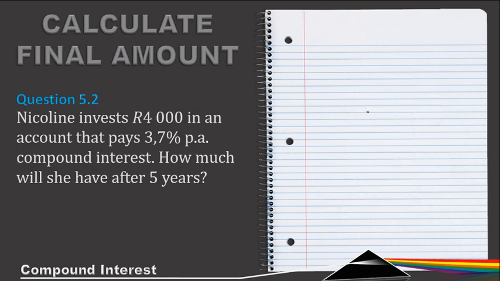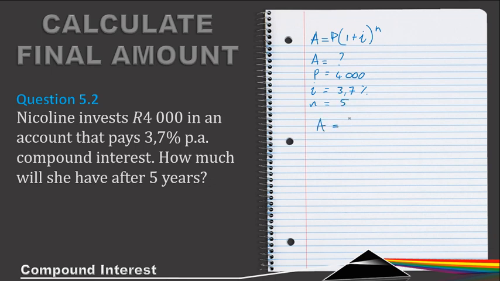Question 5.2, Nicolene invests 4,000 in an account that pays 3.7% per annum compound interest. How much will she have after 5 years? Okay, so we have compound interest, A equals P (1 plus i) to the power of n. And it seems redundant to keep on writing the formula down, but it just helps you to memorize it and remember it. So A is what we want to find, P is the 4,000, then i is the interest, 3.7%, and then number of years is 5.